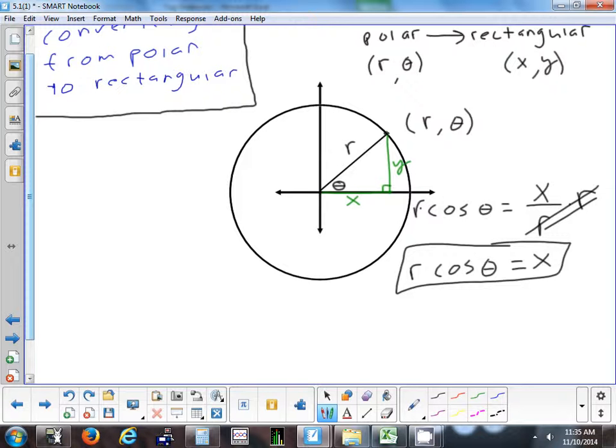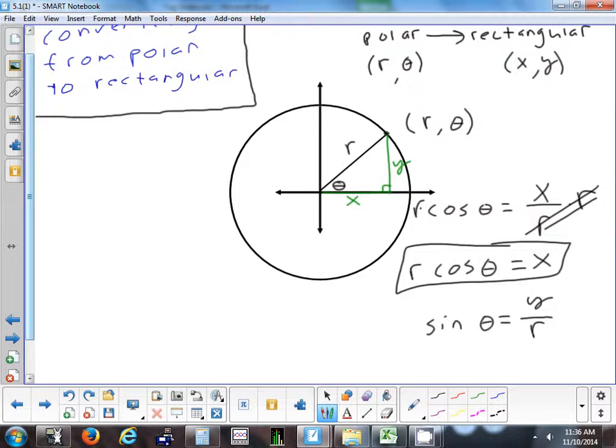Now we'll do the same idea again to find y. Ashley, do you remember which trig function would involve the side that's opposite and the hypotenuse? Sine, yep. So sine of my angle equals opposite over hypotenuse. Opposite is y, hypotenuse is r. And same thing we did last time, we want to get y by itself.